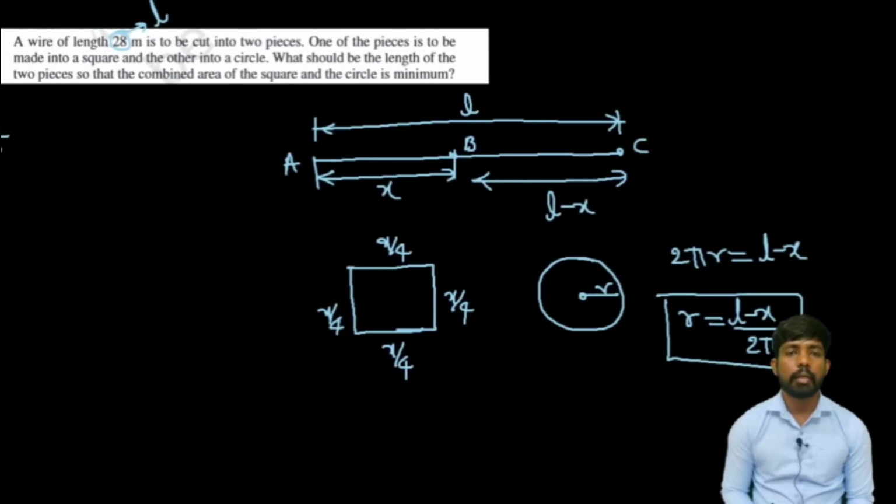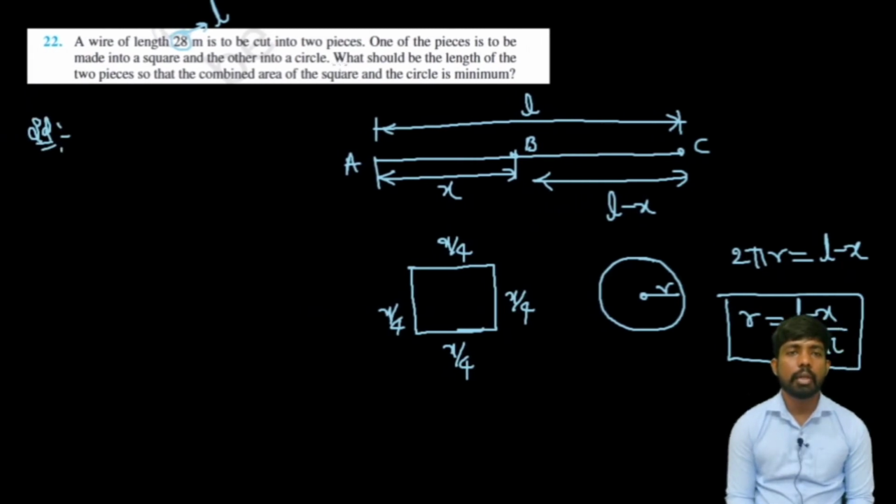So what is the function asking? What should be the length of the two pieces so that the combined area of the square and the circle is minimum.